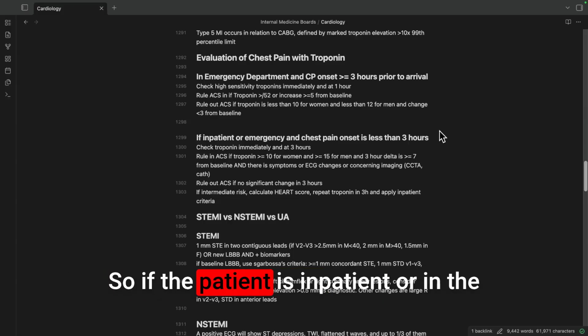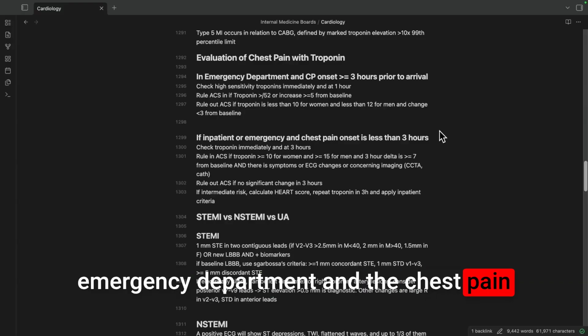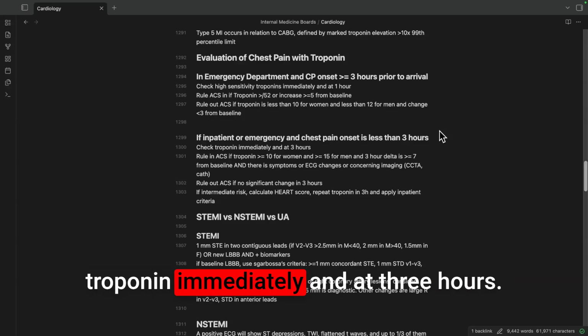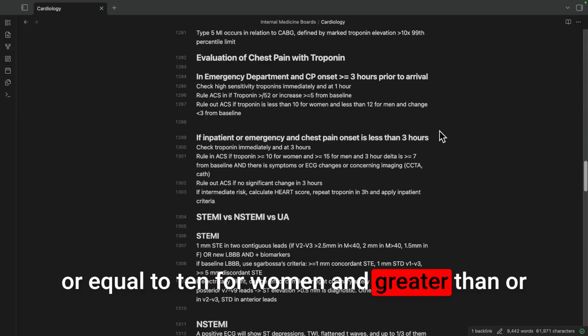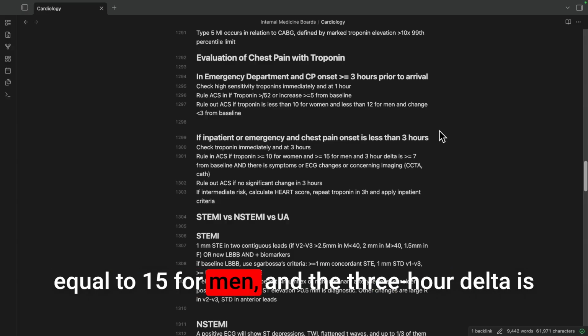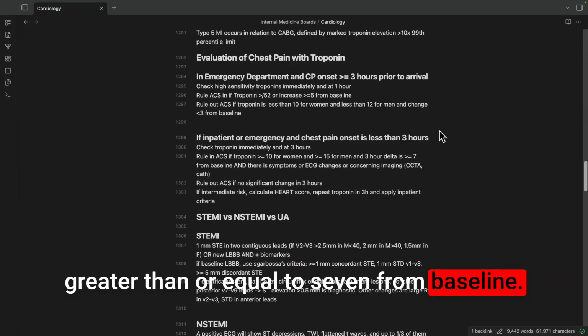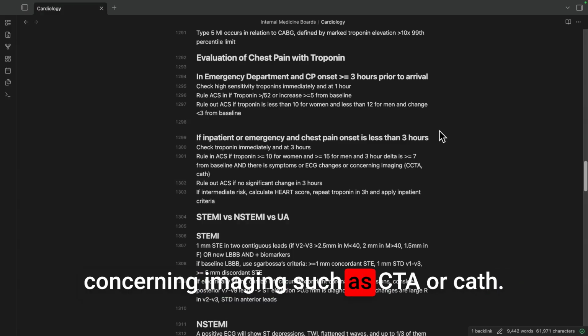If the patient is inpatient or in the emergency department and the chest pain onset is less than 3 hours, you check troponin immediately and at 3 hours. You can rule in ACS if troponin is greater than or equal to 10 for women and greater than or equal to 15 for men, and the 3-hour delta is greater than or equal to 7 from baseline, and there are symptoms or ECG changes or concerning imaging such as CTA or cath.